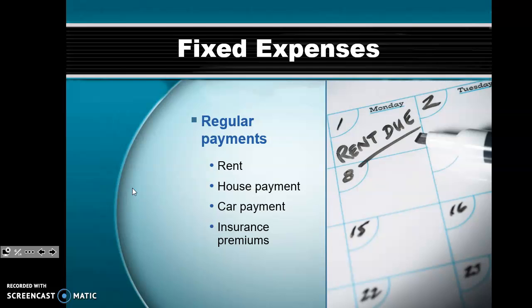Now, of course, you could change insurance premiums by adding or deleting a car or upping your deductible, but you can't on the short term. It would be a longer term. So fixed expenses are regular payments that occur at the same time every month.